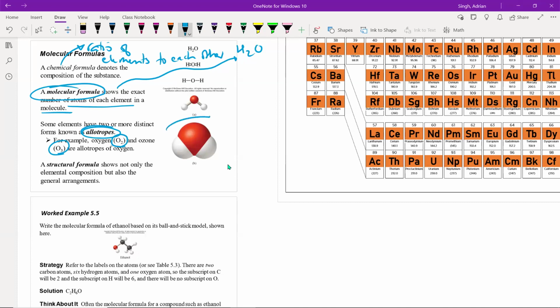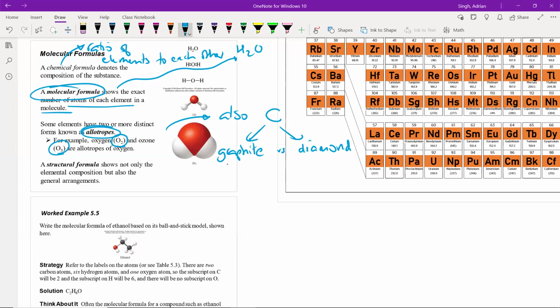Another example here would be something like carbon. Carbon can exist under normal conditions either as graphite, which is in your pencils, or it can occur as diamond, which is not in your pencils. You wouldn't want a pencil made out of diamond. It would cost you way too much.